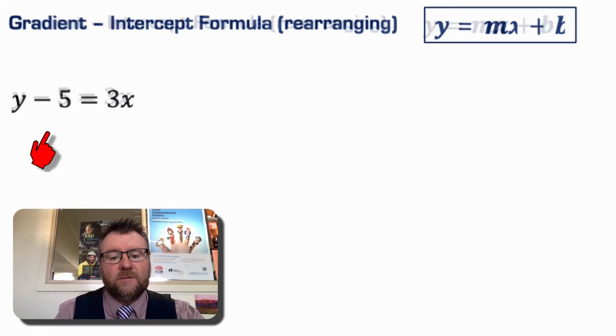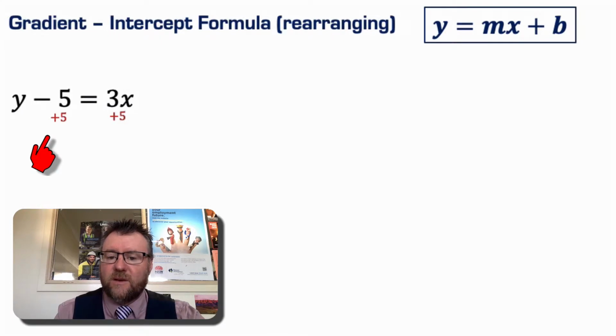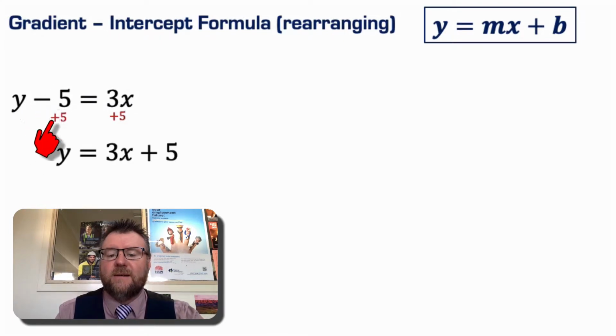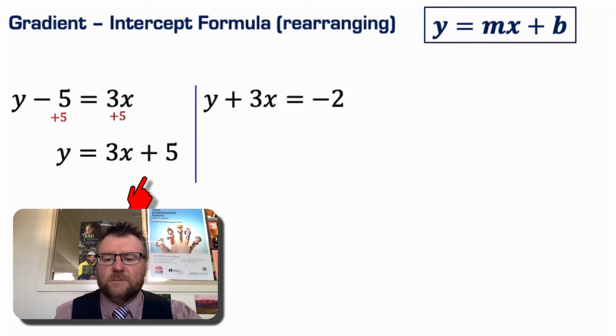The opposite of minus 5 is plus 5. If I add 5 to both sides, so these ones cancel out now, I've got 3x plus 5 over here. Now it's in the right form, y equals 3x plus 5. So I can see that the gradient is going to be 3 and the y-intercept is going to be plus 5. Let's look at another example.